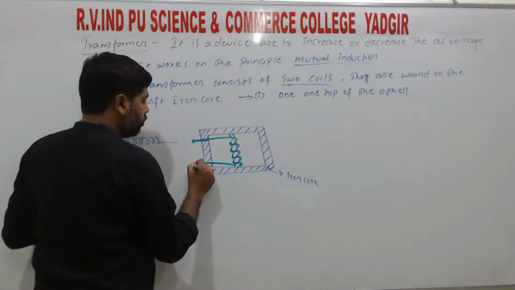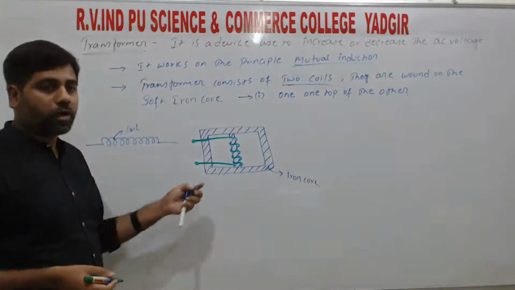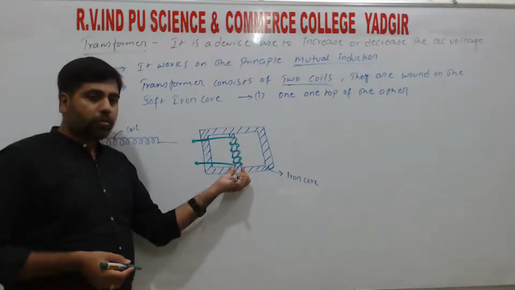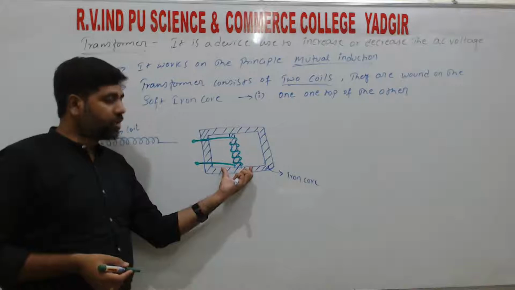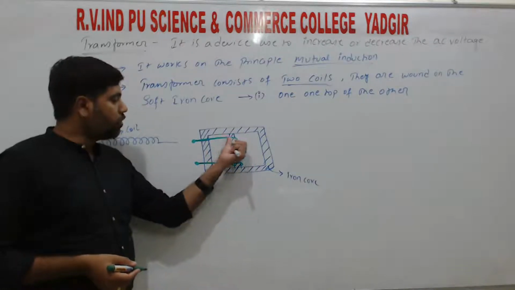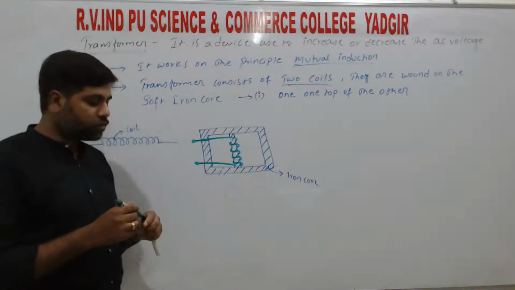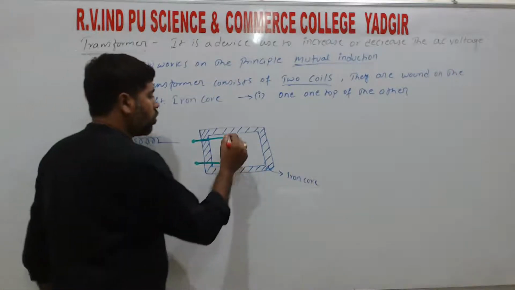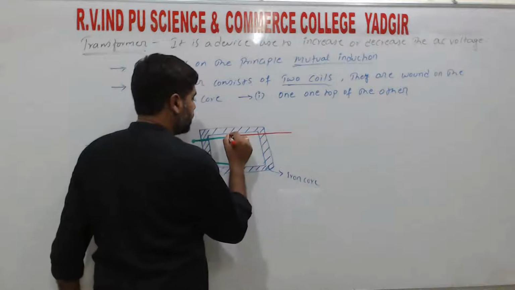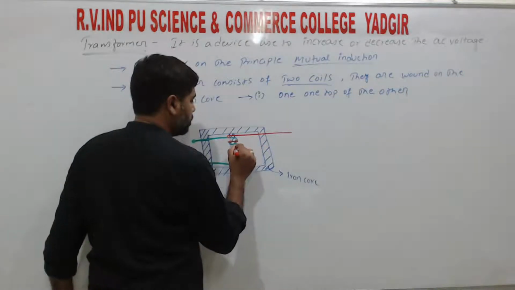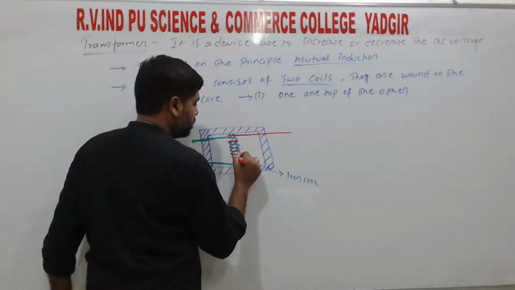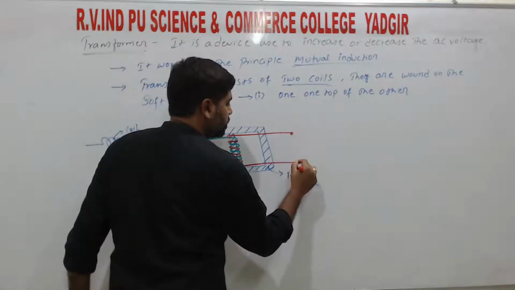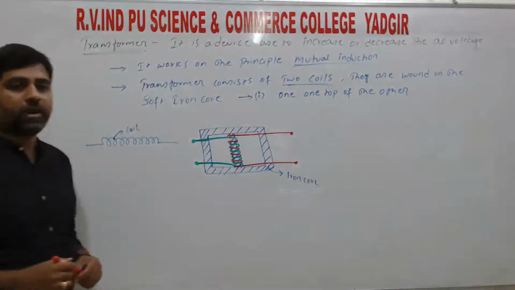So this is one coil, right? So one coil which is wound onto the core, right? So this we call the iron core. So on this iron core we have wound one coil, right? So on top of this coil we are winding one more coil, right? So like that. So this is the other coil, right?